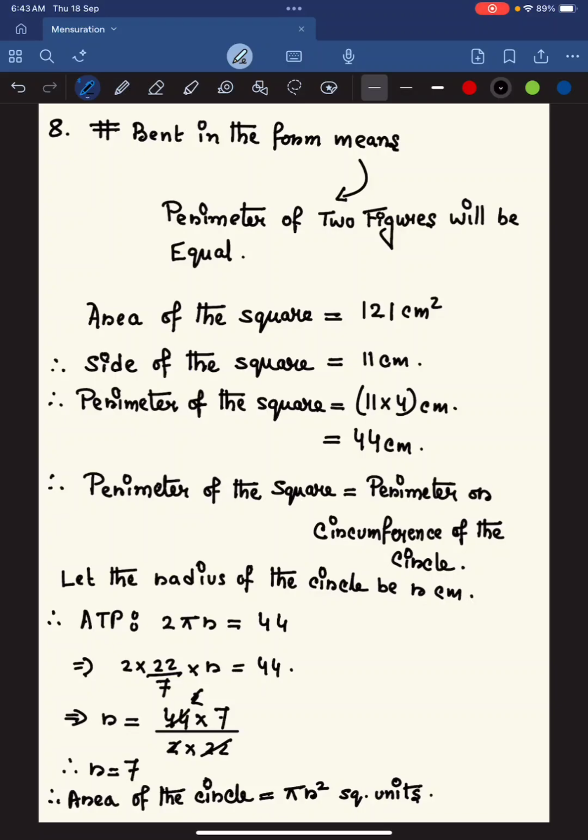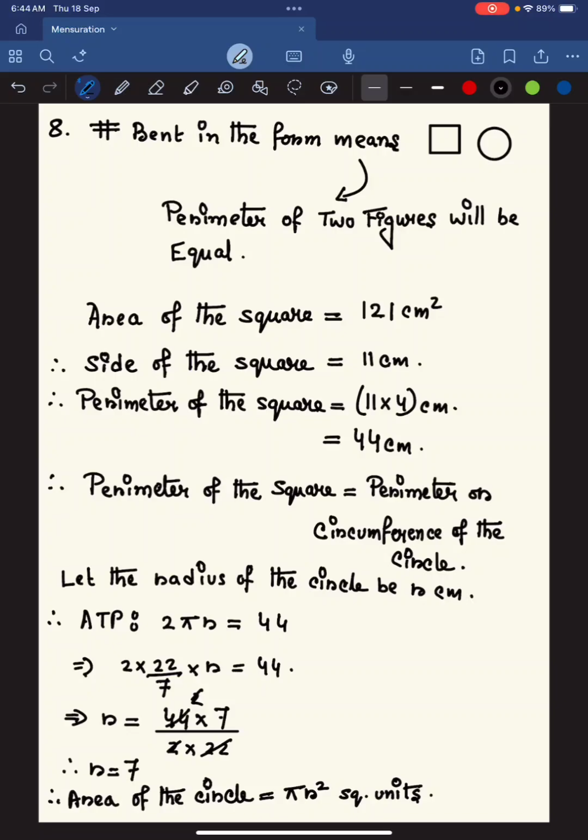So first thing that we need to understand here is that when a certain wire is bent in the form of, suppose, this square, and again that same wire is bent in the form of the circle.